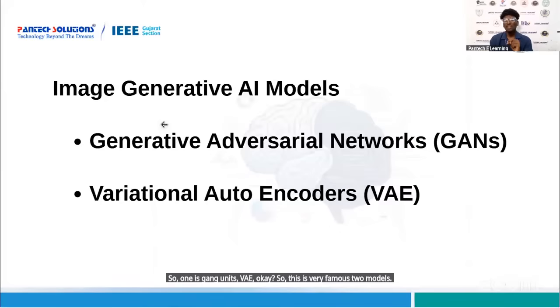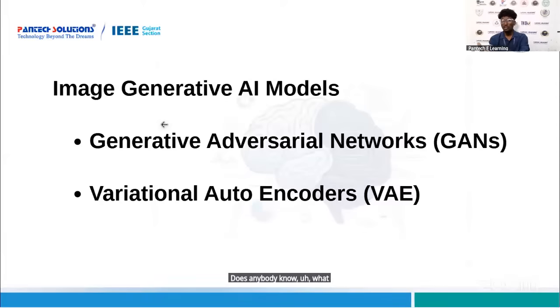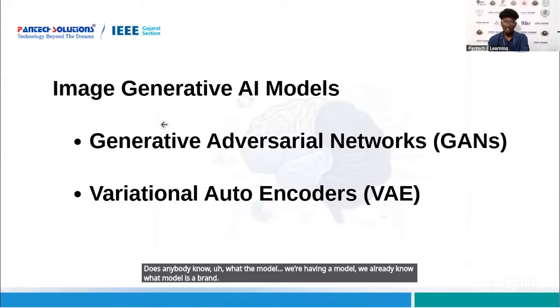Basically, does anybody know what model we use in ChatGPT? We already know a model is like a brain, right? The brain has some kind of name.